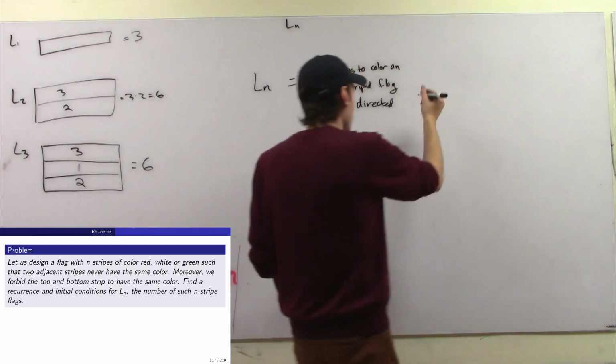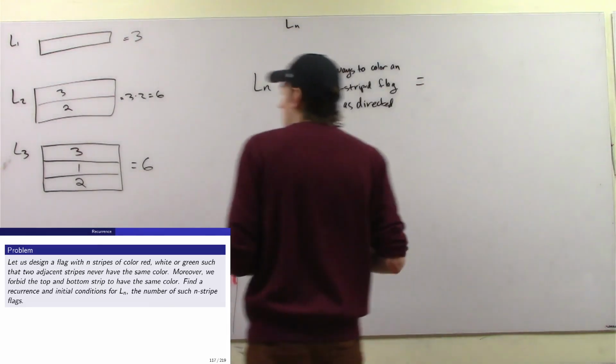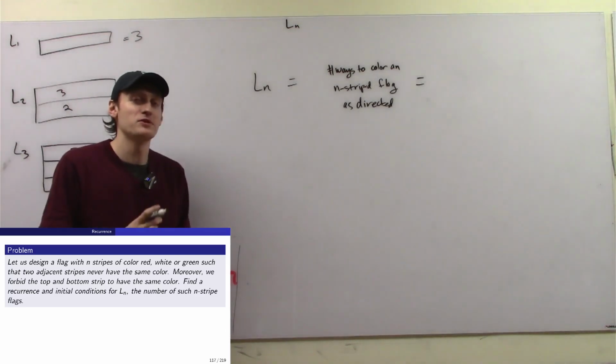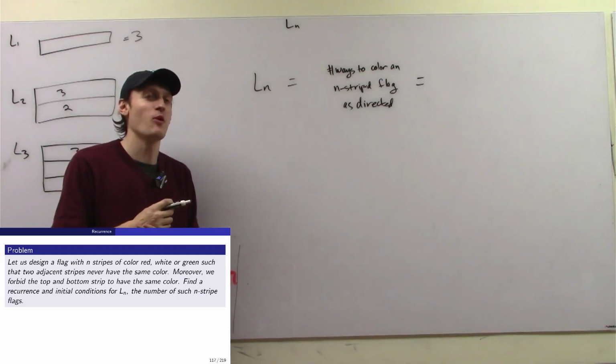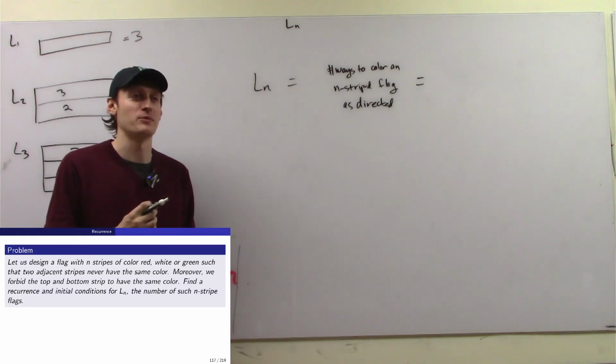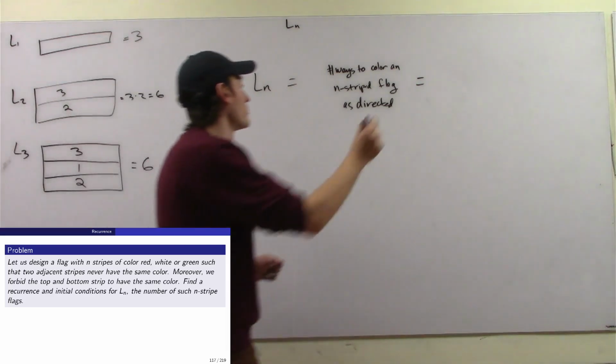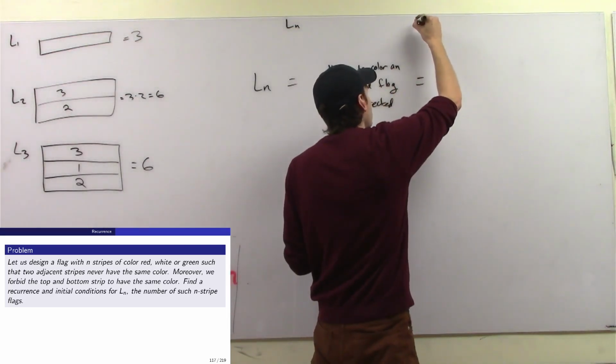And then over here, I'm going to split it off based on if the second from the bottom stripe is the same or different color than the top stripe. Maybe isn't the most natural way to break things off. But what's going on, maybe I have some flag here.